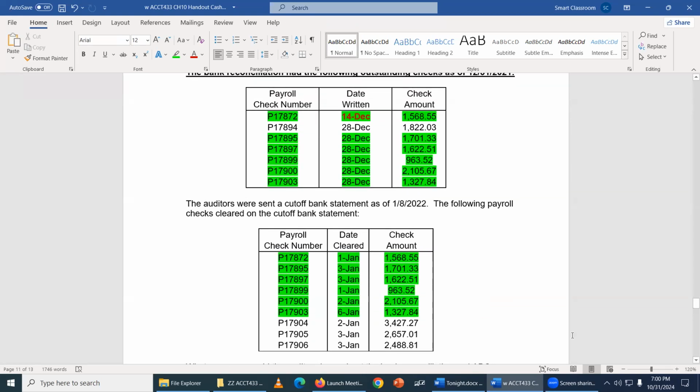But anyway, there is something very concerning here, though. What is it? Yes, these down here are a real problem. If they cleared in the following month, that means they had to be written sometime before that, obviously, and they weren't on the outstanding checklist.